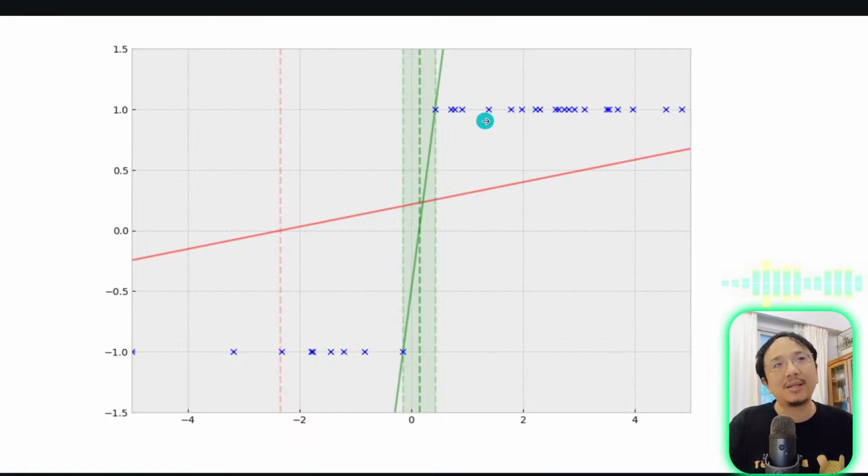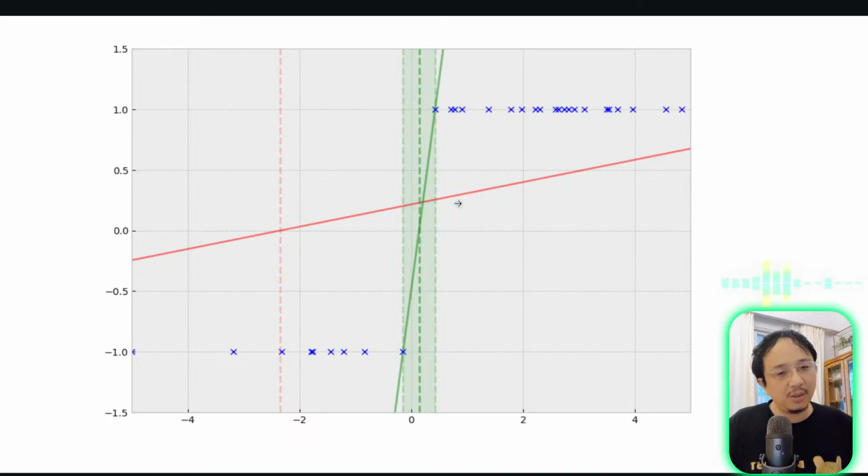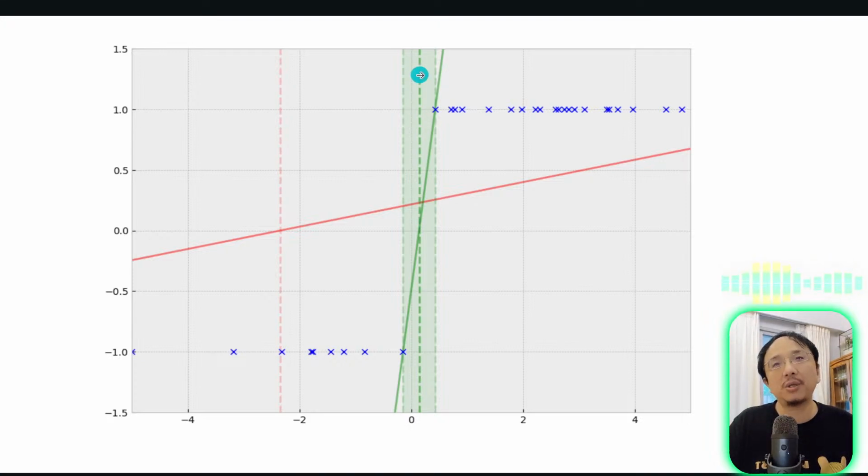However, they don't contribute to the loss because we are computing the loss in a totally different way. We only consider the tangent, the slope of these things, and as a result, the decision boundary is quite easy to determine.